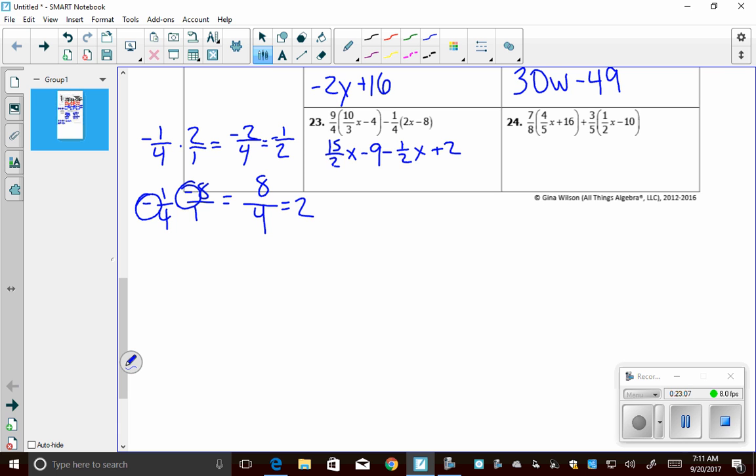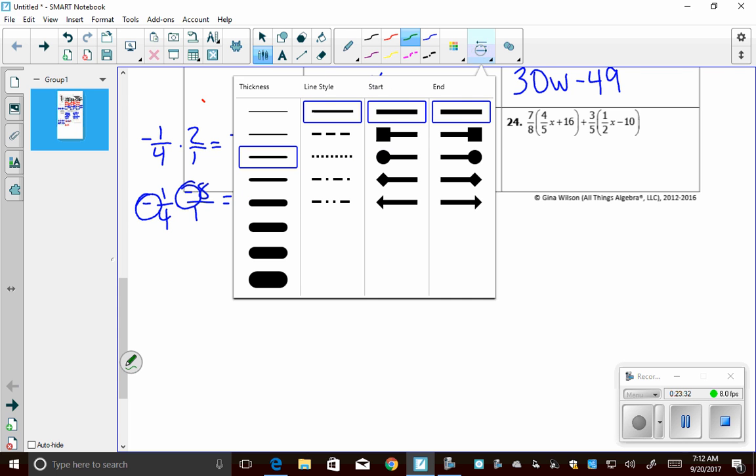Combine like terms. I'm going to change colors so you can see it better. 5 over 2x minus 1/2x, so you're going to do 15 over 2 minus 1/2. In order to combine fractions that are being added or subtracted, your bottom numbers must be the same.